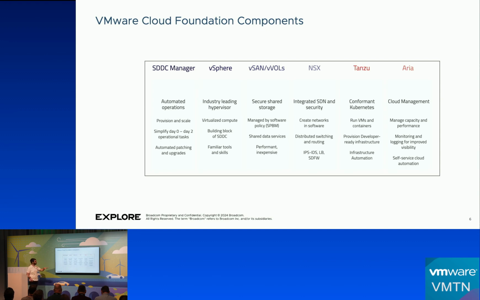All these components make up VMware Cloud Foundation. I wanted to highlight that it's more than just a bundle; there is really an integration and communication between all the products. But as you may think, it's kind of complex to deploy VCF because of all this integration.